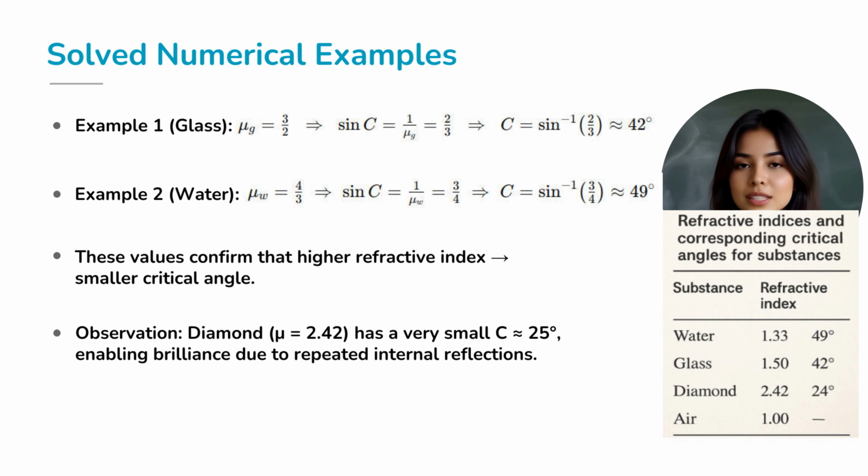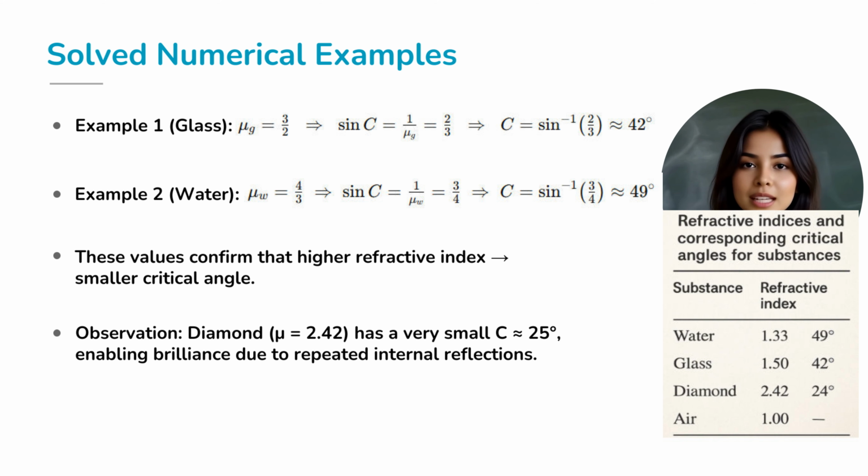Its refractive index is 4 by 3. So we write sin C equals 1 divided by μw, that is, sin C equals 3 by 4. This gives a critical angle of roughly 49 degrees. Notice the trend. The higher the refractive index, the smaller the critical angle.